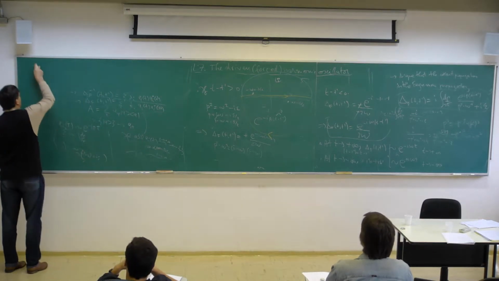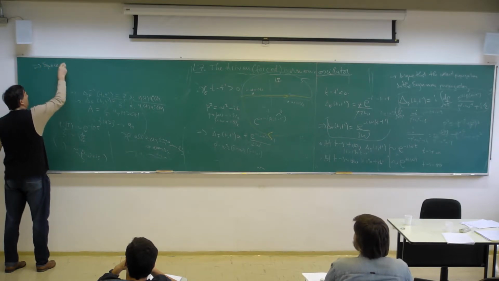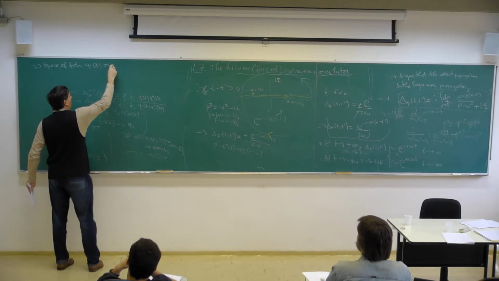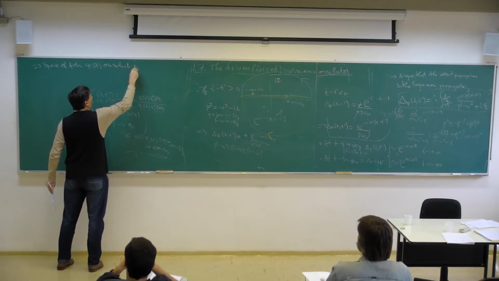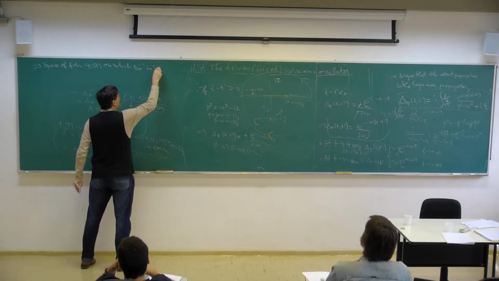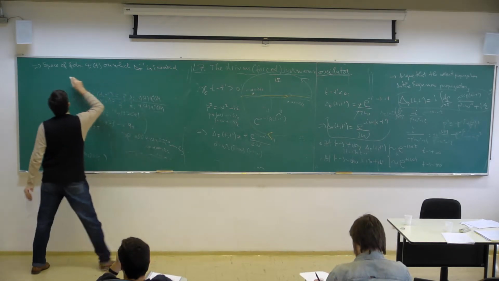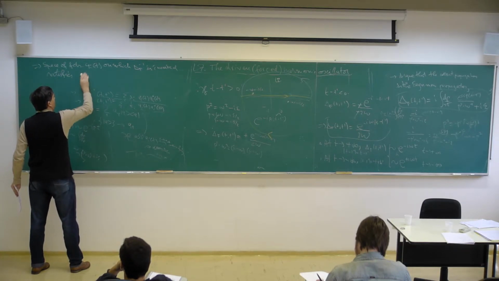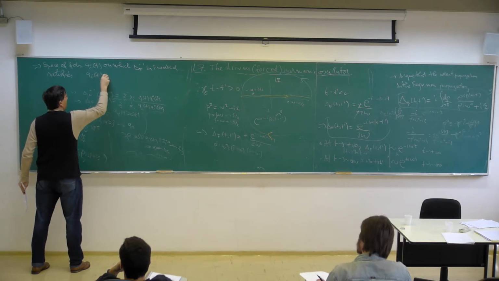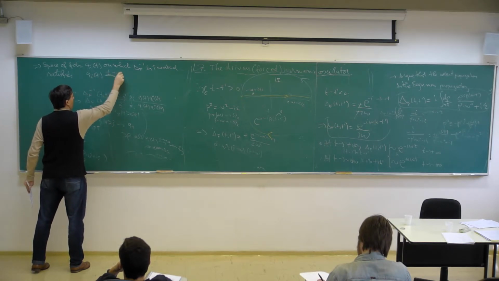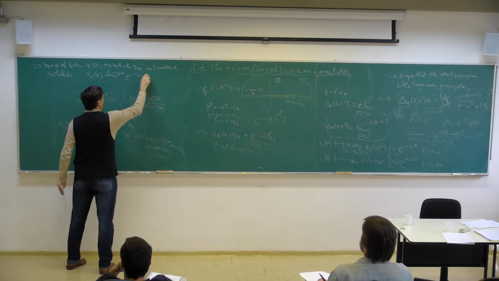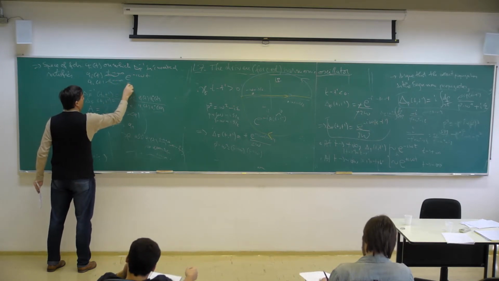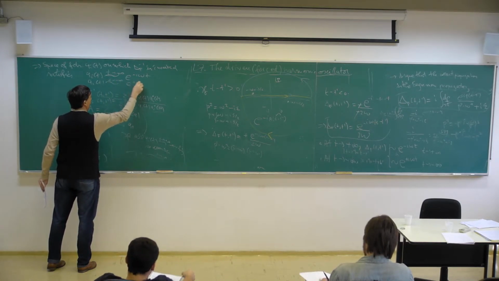the space of functions qi of t on which delta f minus 1 is inverted satisfies qi of t at t going to plus infinity goes to e to the minus i omega t, and qi of t at t going to minus infinity goes to e to the plus i omega t.